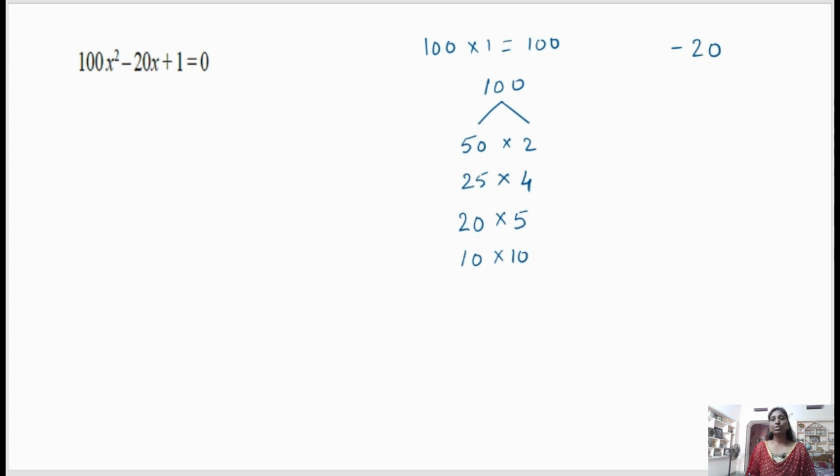So many combinations are there, so many pairs, but out of these, which pair will give you minus 20 on adding or subtracting?